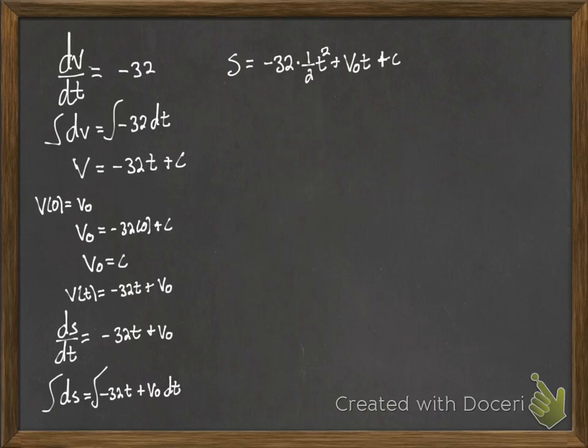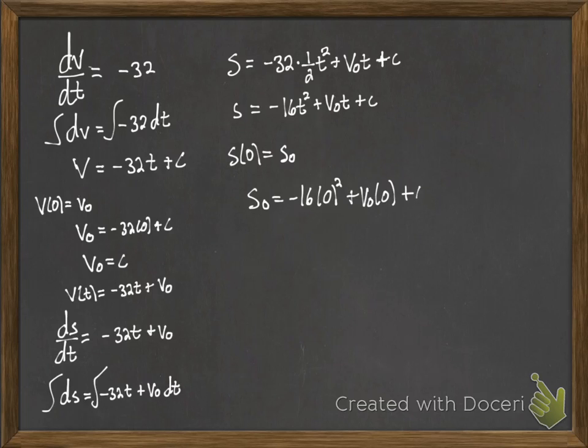But see, we want to know the actual position. So real quickly, let me just clean that up. So now I have my general solution. But we know that at time 0, we are s0 feet above the ground. So we plug s0 in for s, 0 in for t. And we find that C is equal to s0.